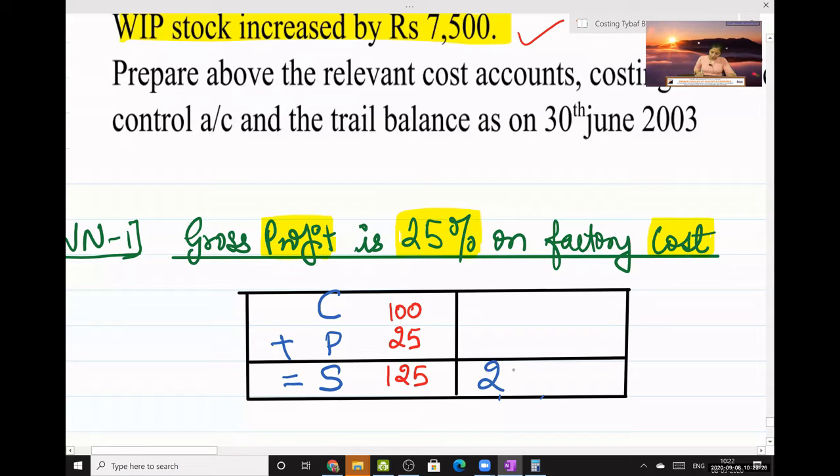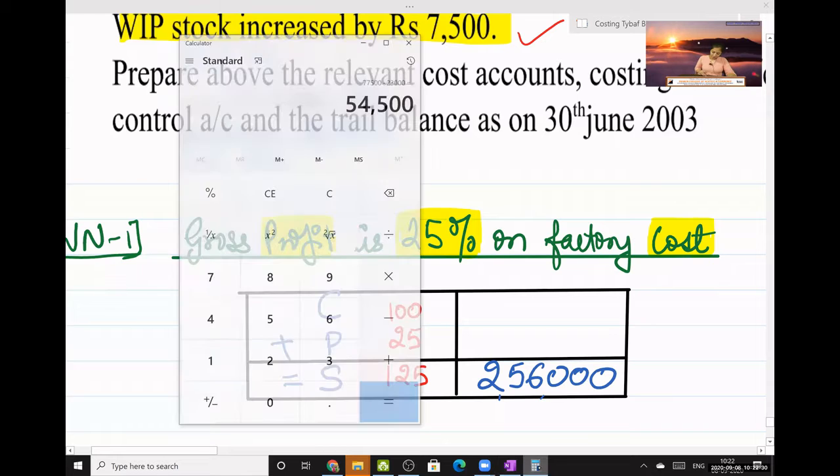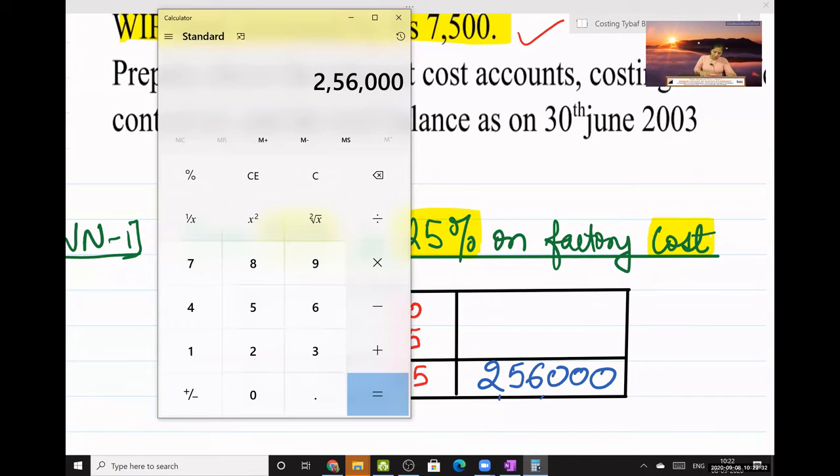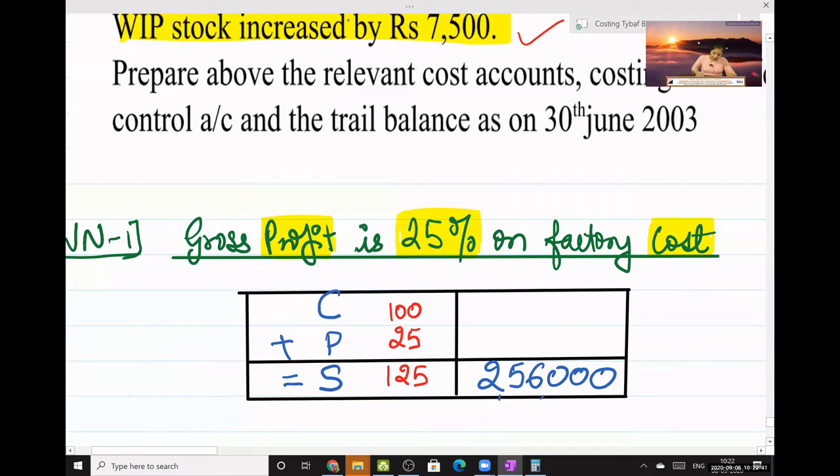Sales is 2,56,000. 2,56,000 into 100 divided by 125. So the answer is 2,04,800. Right here, 2,04,800.